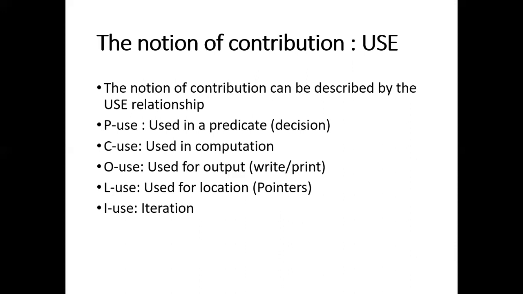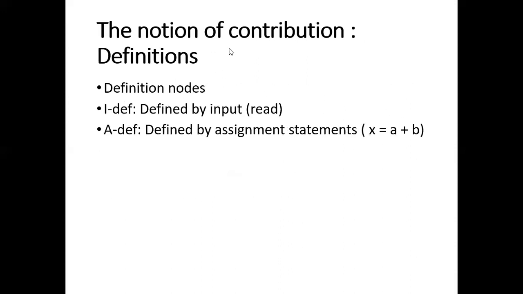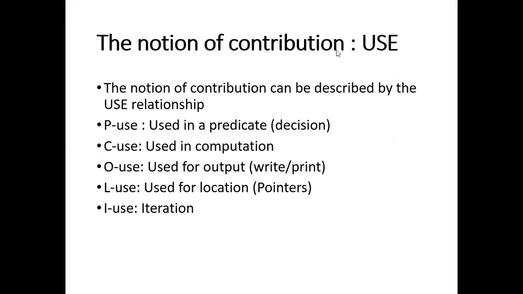If your statement is representing iteration, so we say IUs. So these are the 5 different uses or the contributions of a given code, right? So then we have the notation of contribution, and these are the contributions.